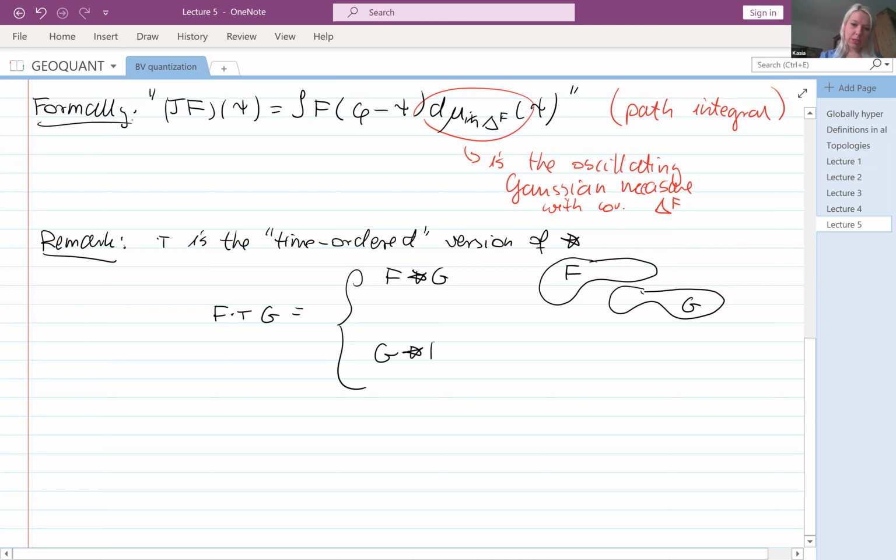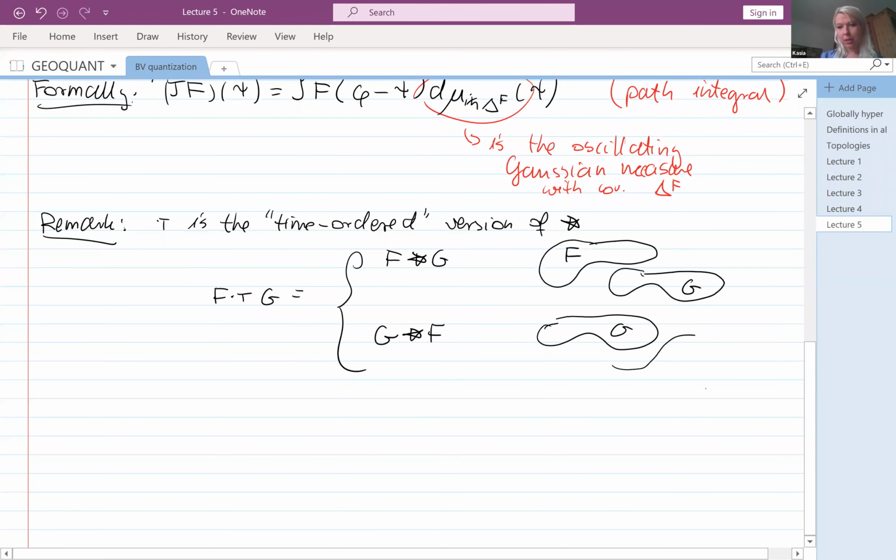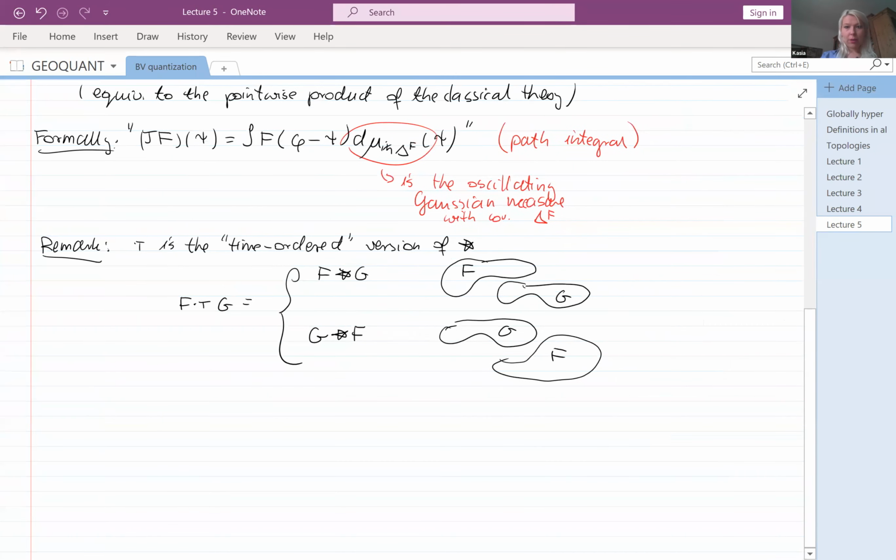And it is G star F if the roles are reversed. So the support of G comes not before the support of F. So this is this important causality relation that relates these two products. Okay, so these are the basic properties.